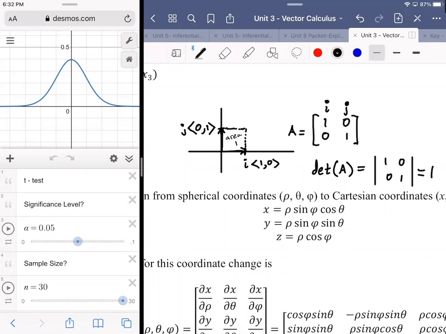All right. Now, if I wanted to perform a transformation, and let's say that transformation led me to something that was twice as long in the i direction, but the same length in the j direction. So I'm doubling this dimension, but keeping this one as is. I would still have something that I could find the area of geometrically.